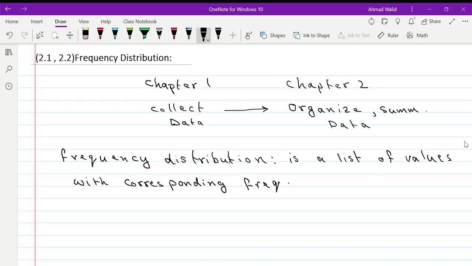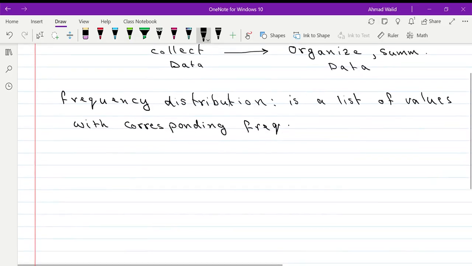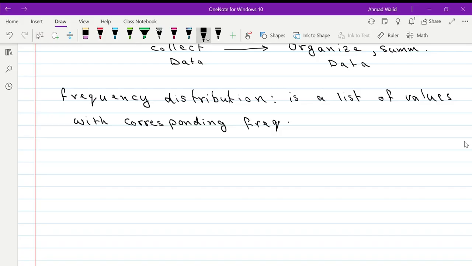We call that what? Frequency distribution.